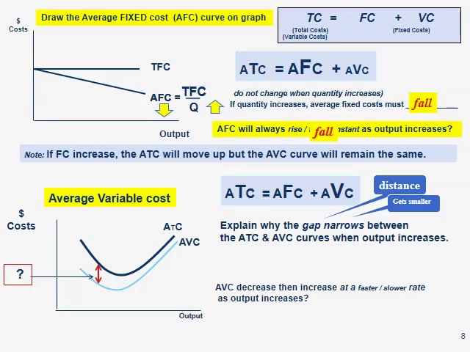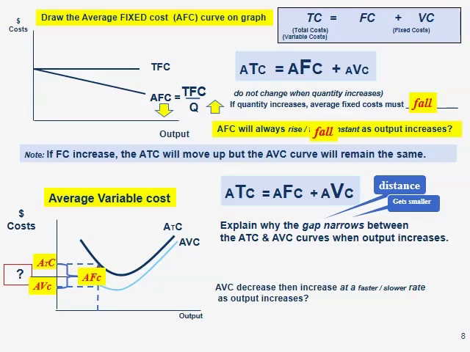The average variable cost, of course, therefore will rise more quickly. And this helps explain why the gap between ATC and AVC represented there, that's ATC at that quantity, that's AVC at that quantity, and the difference has to be, of course, average fixed costs.